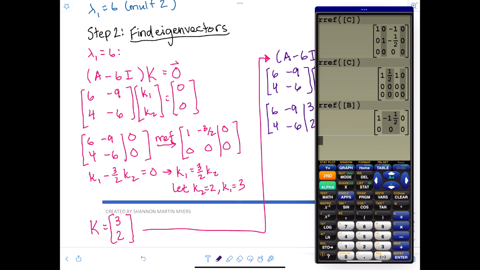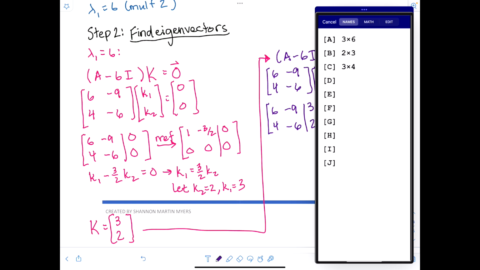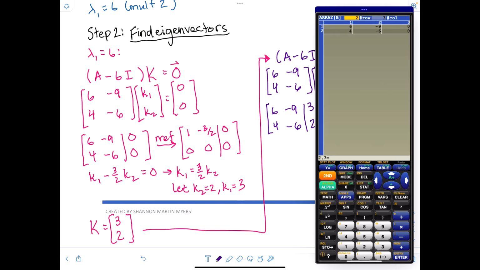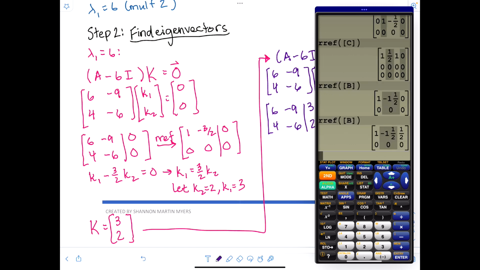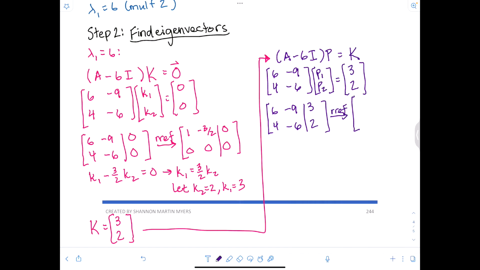We'll still go back to that matrix B. So we'll edit matrix B, and this time it'll just change that last column to be 3 and 2. Quitting out of there, we can now go to second entry, and we get 1, negative 3 halves, 1 half, and then 0, 0, 0. Isn't that cool?